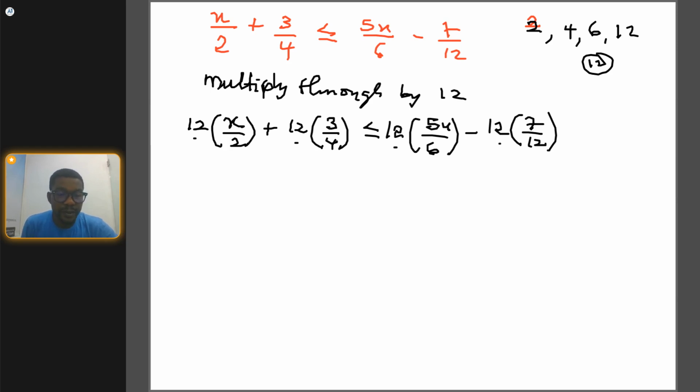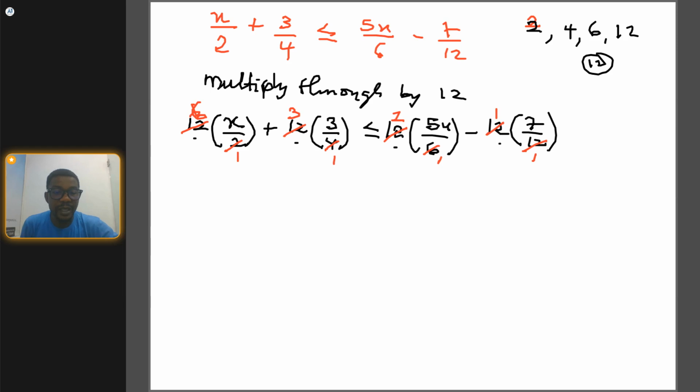Now we need to divide. 2 divided by 2 is 1. 12 divided by 2 is 6. So we have 6 here. 4 divided by 4 is 1. 12 divided by 4 will give us 3. 6 divided by 6 is 1. 12 divided by 6 is 2. 12 divided by 12 is 1, and 12 divided by 12 is also 1 here.